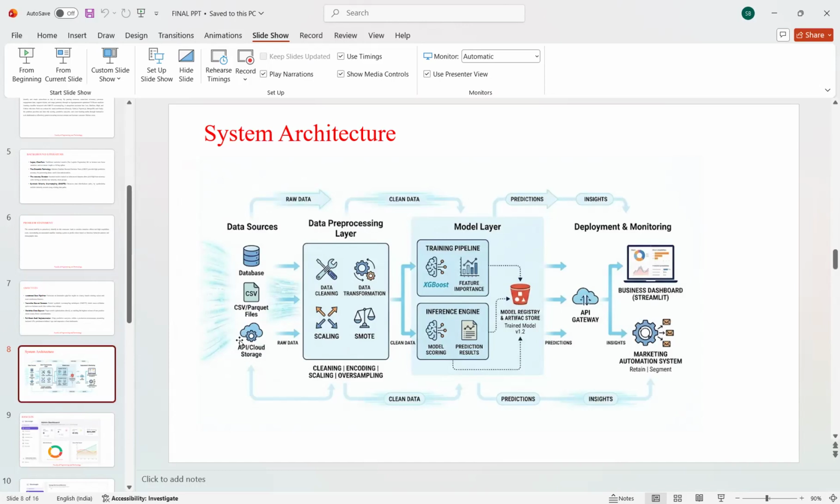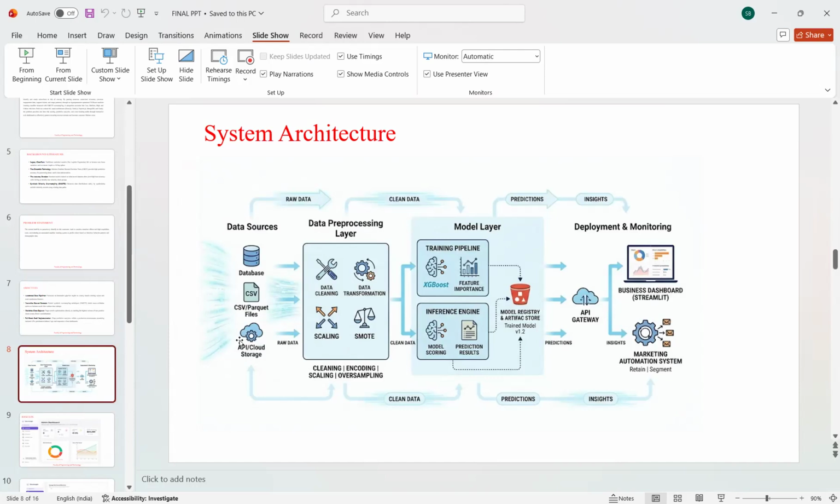The data comes from the database, which stores customer records, personal details, subscription plans, payment history, etc. CSV or Parquet files are historical customer data sets exported from the company database. API or cloud storage: real-time customer activity, website usage, and mobile app interactions are included here. These are the sources that provide the raw customer data.